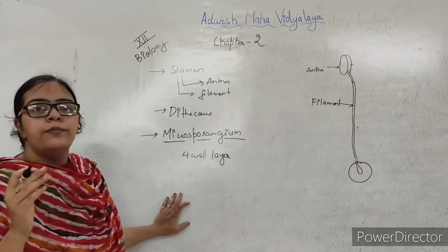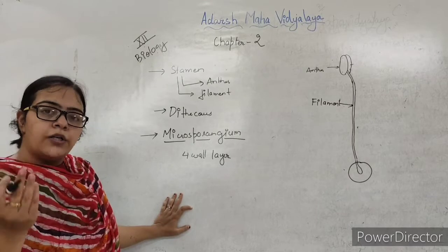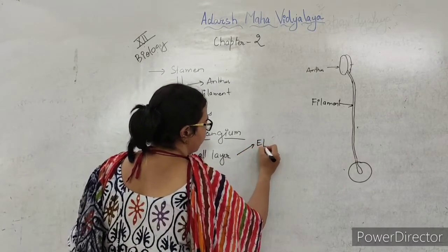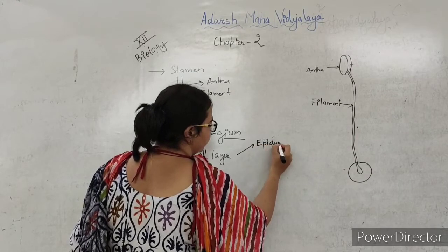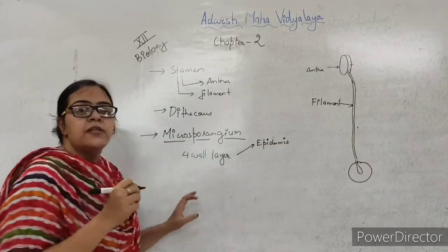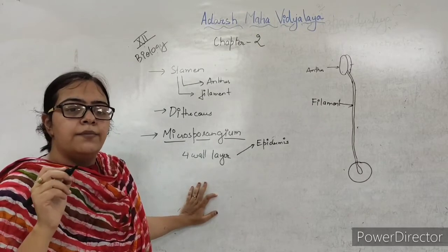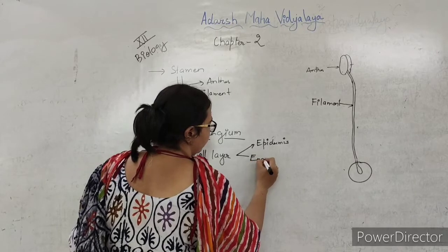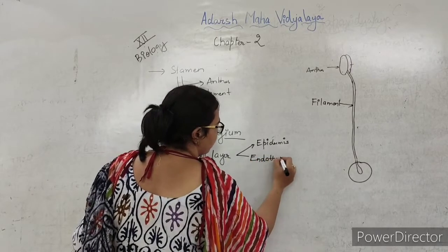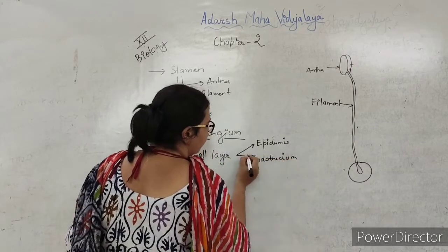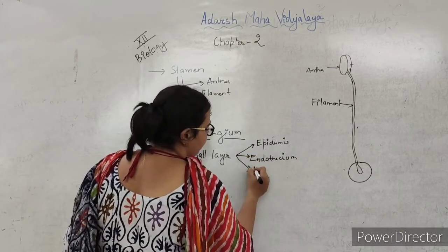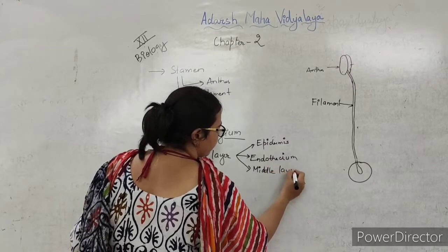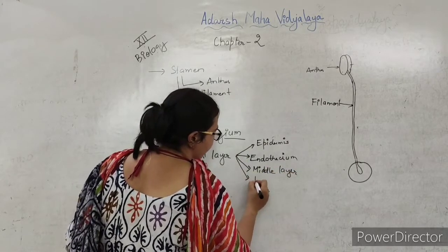The order from outside to inside is, first one will be epidermis. Next will be endothecium. Then middle layers. And last, that is tapetum.